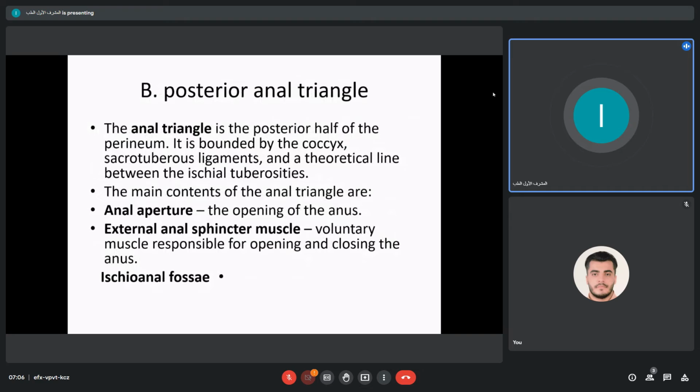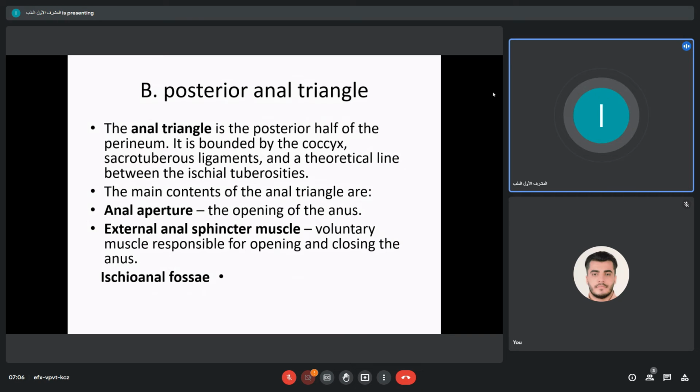And the second part, which is the posterior anal triangle. The anal triangle is the posterior half of the perineum. It is bounded by the coccyx and sacrotuberous ligament and the theoretical line between the ischial tuberosities, as I said before.